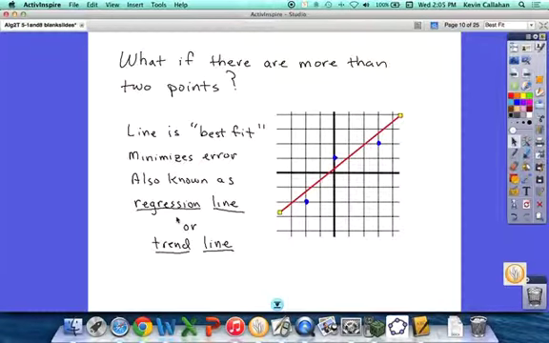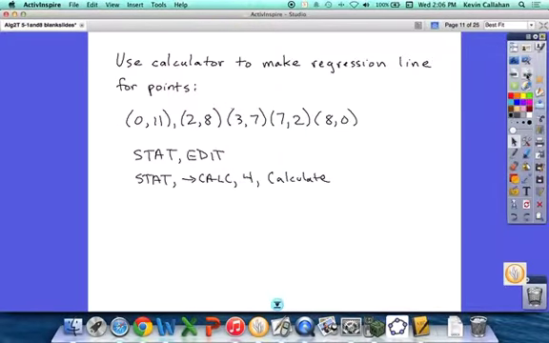So it's really a regression line through those points. So in order to find the best fit line or the trend line or the regression line, you do exactly what we already did. You just enter the data, and then go Stat Calc 4 and see what the line is.